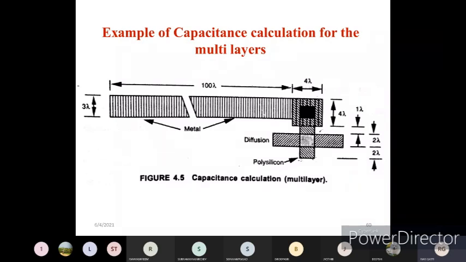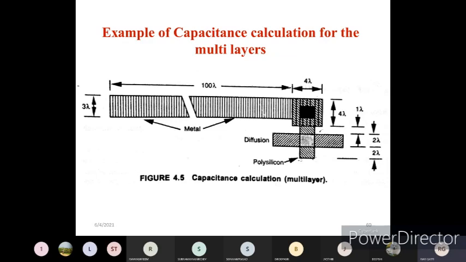Similarly, the capacitance of the gate is 1 unit capacitance. Therefore the total capacitance is the capacitance of the metal, plus the capacitance of the polysilicon, plus the capacitance of the gate. If you combine all this, you will be getting 7.25 unit capacitance for this diagram.